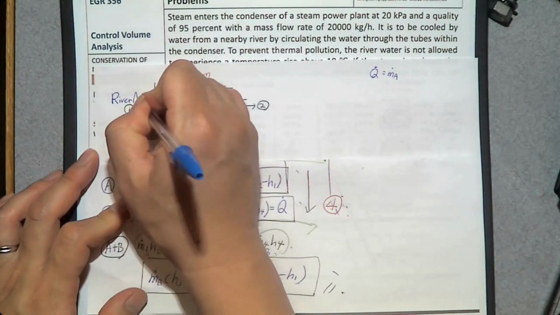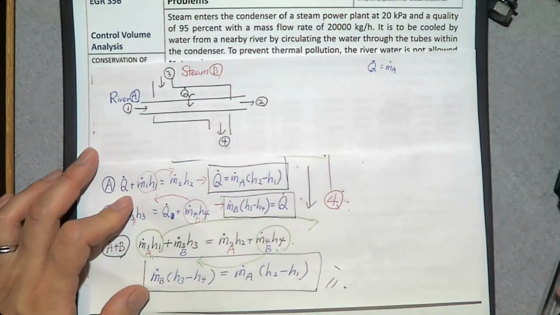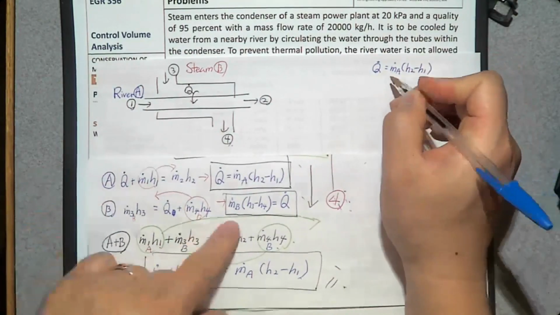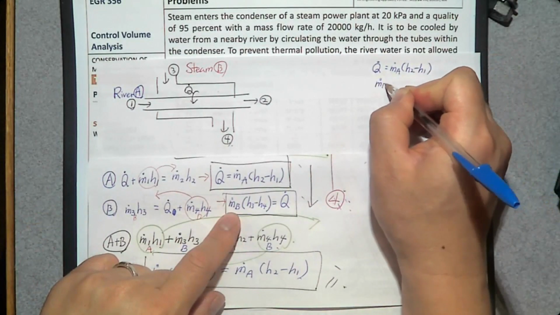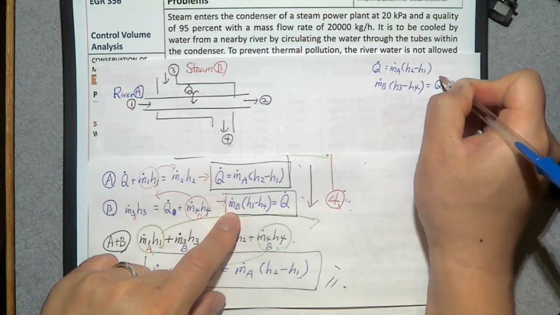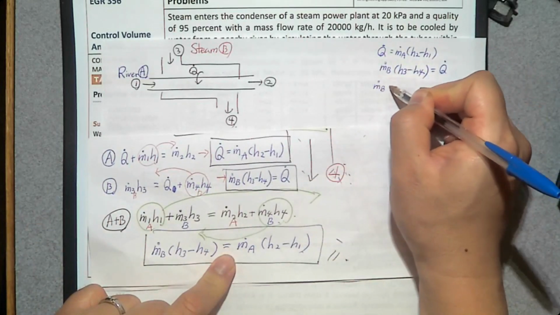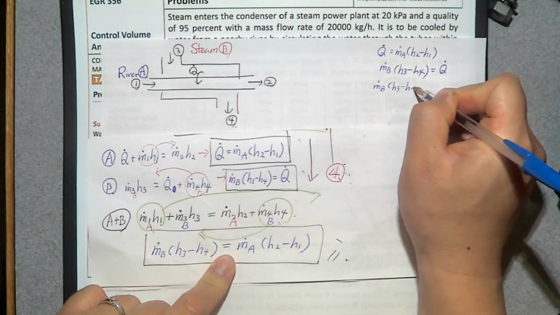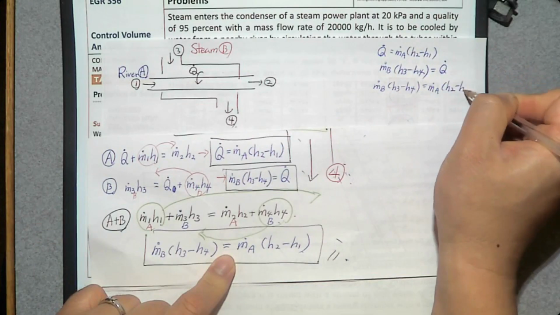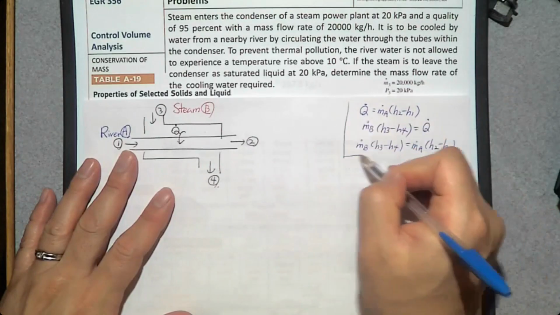River water is A. Steam is B. The other one is m dot B times h3 minus h4 is Q dot. The last one is m dot B times h3 minus h4 is m dot A times h2 minus h1. So these are the energy balance equations here.